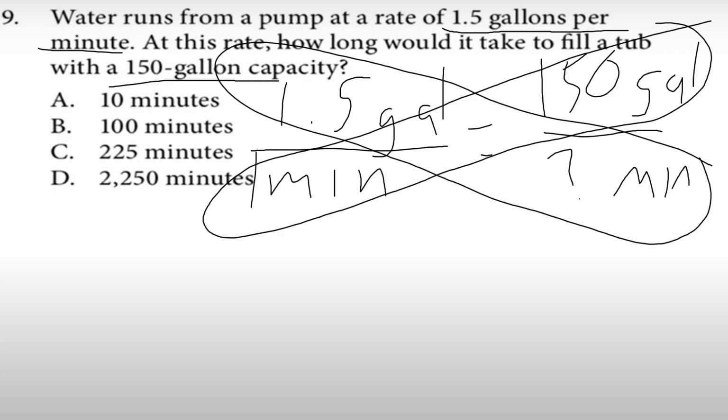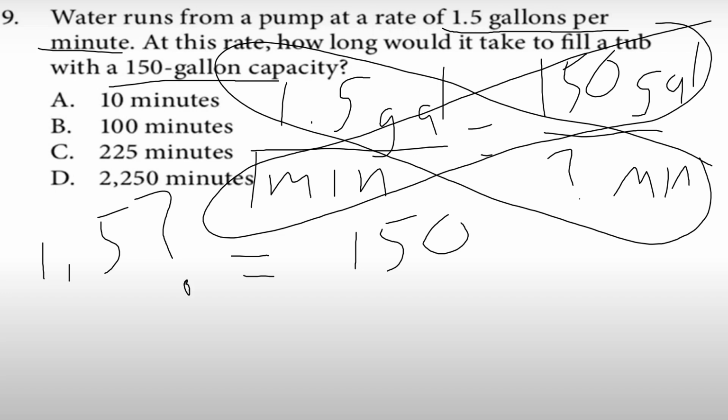So we're going to start with the 1.5 gallons. We're going to multiply that by question mark minutes. So that's going to be 1.5 times question mark. Some people use an X. I'm going to use a question mark for now. And that is going to be equal to 1 times 150. That gives us 150. So now we have to get this question mark. I'm going to make this question mark a little bit better for you so you can understand.